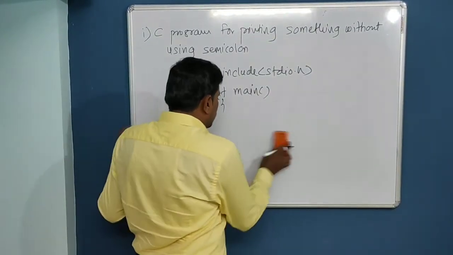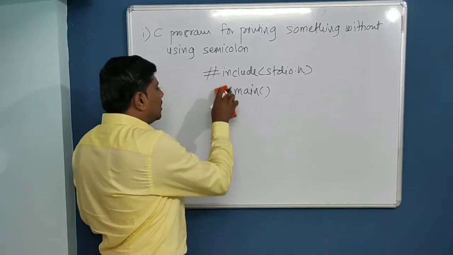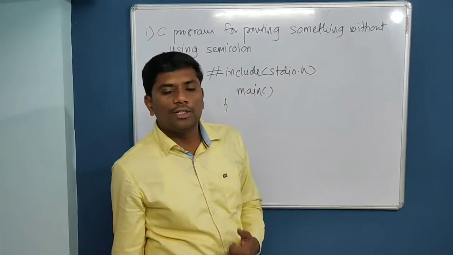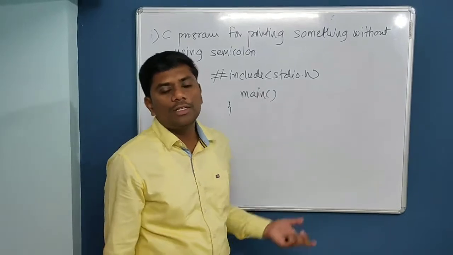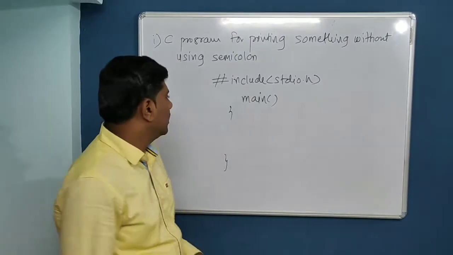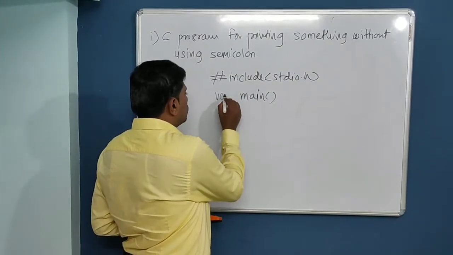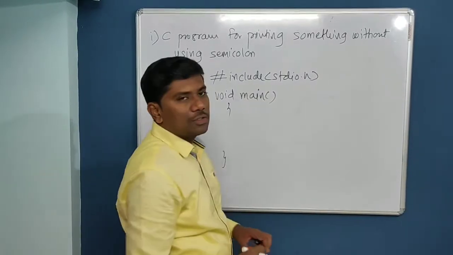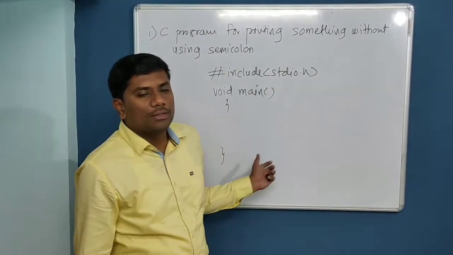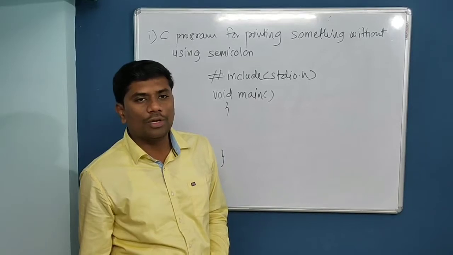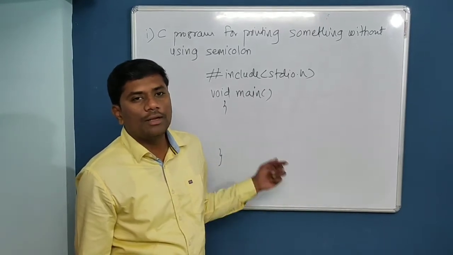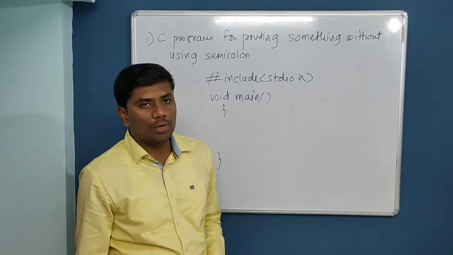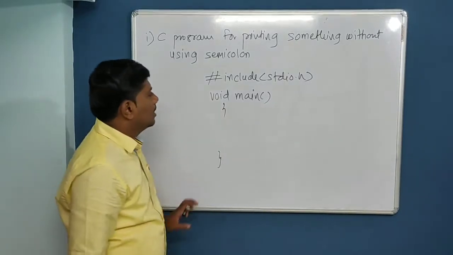But to implement this program, there is no condition that you should use int main and return 0 only. Because if you use them, a semicolon will be there. So for this program, I will use void main. If I use void main, then a return statement is not required, so we can omit that semicolon. So this is the program.